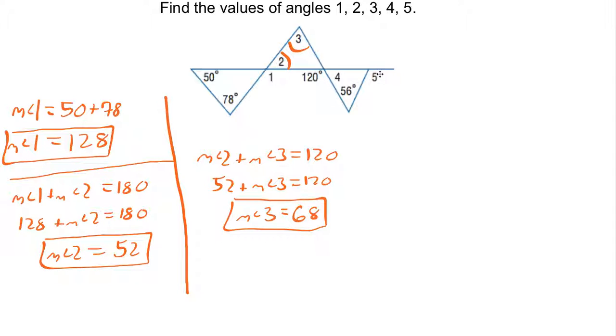And then using a similar method, we know that the measure of angle 4 plus 120, that exterior angle there, equal 180 because they make a linear pair. So that means that the measure of angle 4 must be equal to 60.